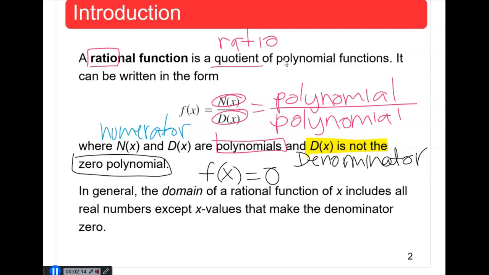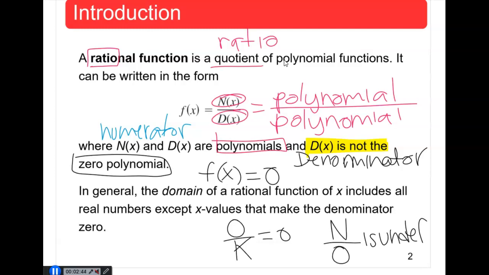And that is because if that was the case, then we wouldn't have a defined function. We cannot divide by 0. Remember, it's okay to have 0 on the numerator, but it's not okay to have 0 in the denominator. So that will be undefined.